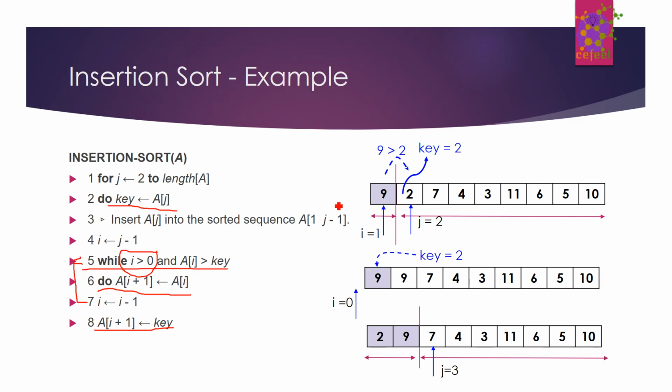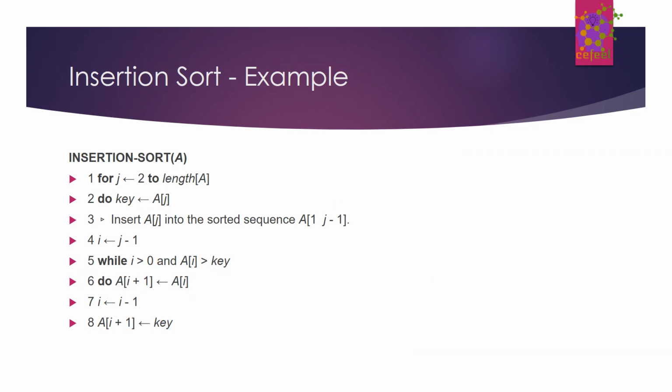Cool. So this is one pass of insertion sort. When we have placed one unsorted item into our sorted list, we call it one pass, which means we are done with one item. Now we move on with the second item. So let's see what will happen.